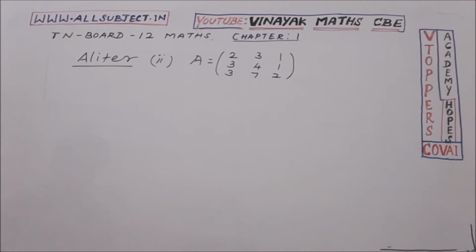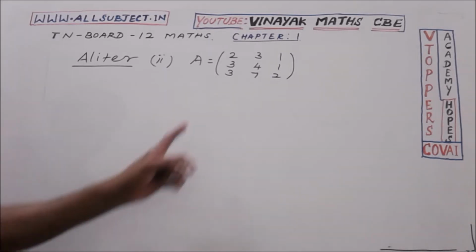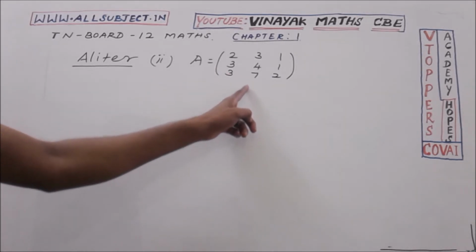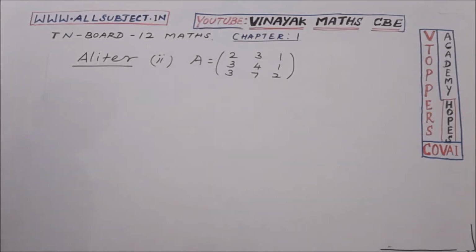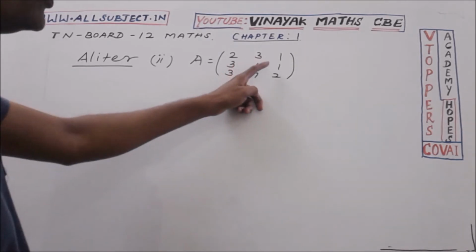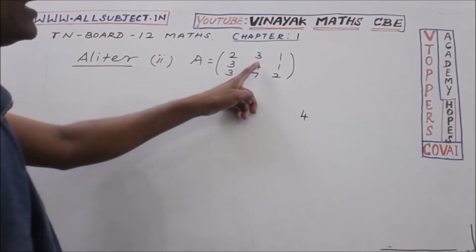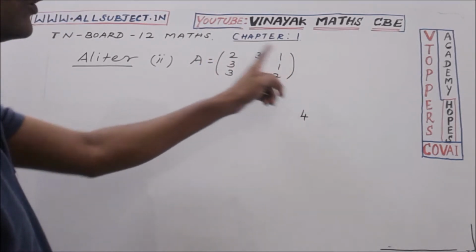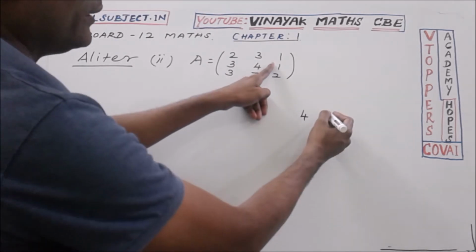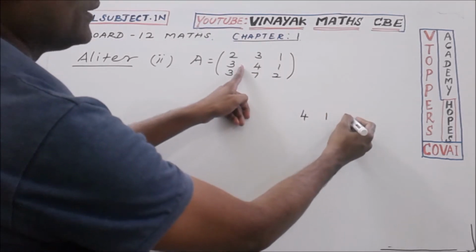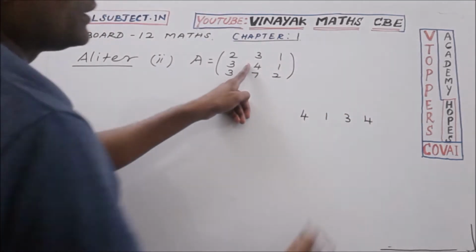In the alternate method of calculating adjoint, it is very easy. Within less time you can calculate, comparatively with the previous one. Choose the middle number 4 and then cyclically write the elements in the row. After 4, 1, then 3, then move to 4.